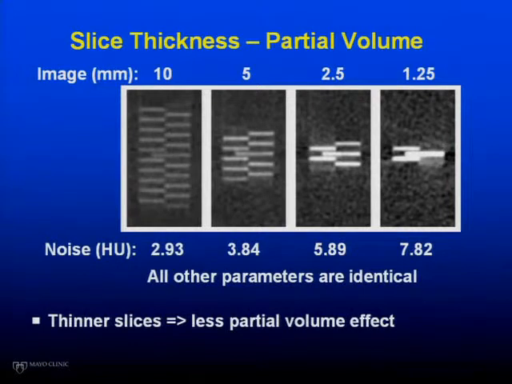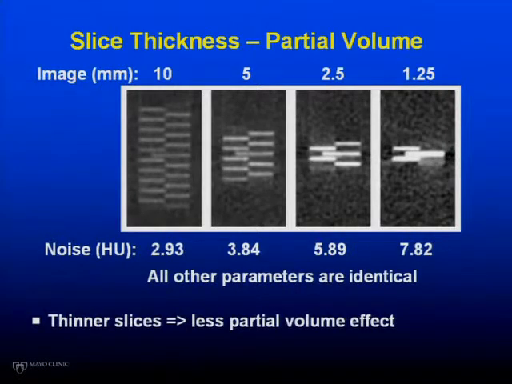The slice thickness has a big impact on the partial volume effect along the Z direction. Here are some images from the ACR slice thickness pattern reconstructed with different slice thicknesses. You can see with the increase of the slice thickness, 10 millimeter slice thickness, more line ramps can be seen in one image, but the intensity of each line dropped a lot.